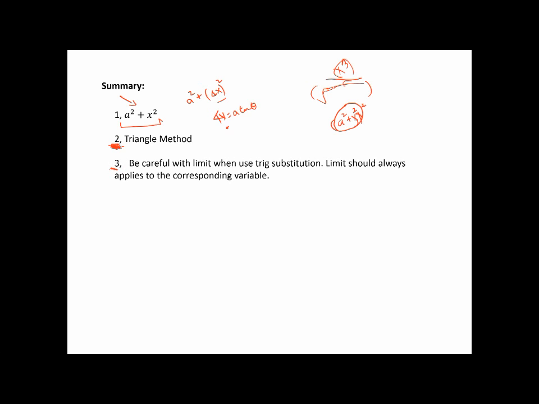And the third is if there is a limit, we surely want to change the limit by using substitution. Here, limits should always apply to the corresponding variable, which is what follows d, right? If theta follows d, your variable now is theta, but if it's x, your variable is x. So the same for the limit, okay?